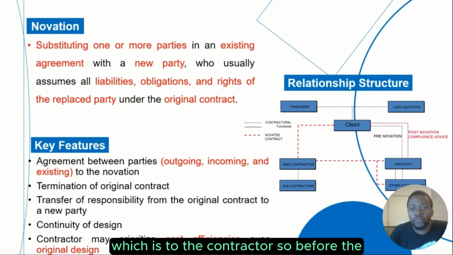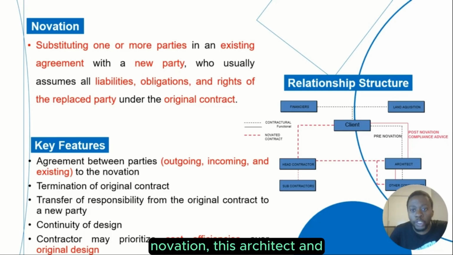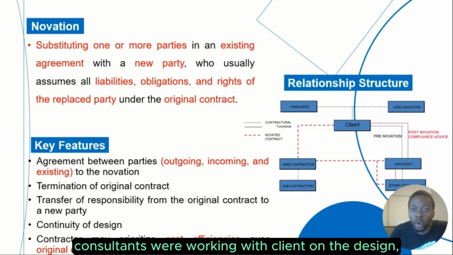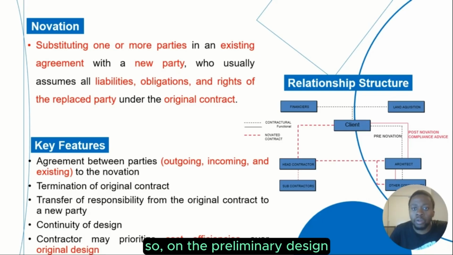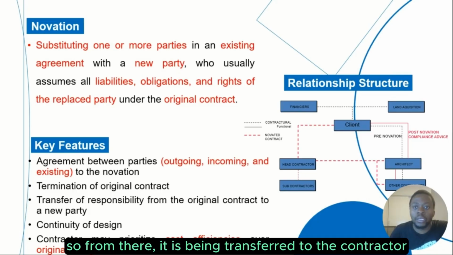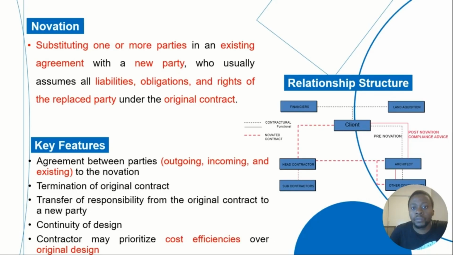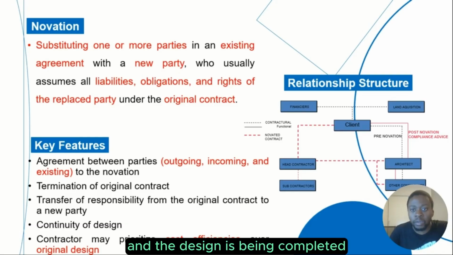So before the novation, these architects and consultants were working with the client on the design, on the preliminary design or what the client wants. From there, it's being transferred to the contractor and the design is being completed. You can see also the contractor and the functional relationship between the stakeholders.